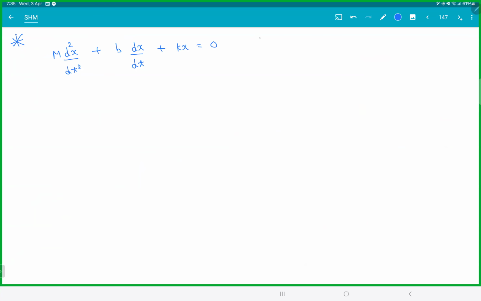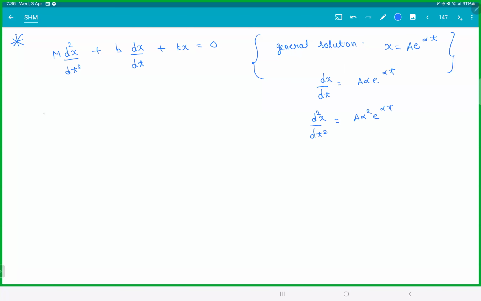So for this differential equation, the general solution is given by x is equal to A into e power alpha t. How we got this? Don't worry about it. So from here, dx by dt will be A alpha e power alpha t. d square x by dt square is A alpha square e power alpha t.